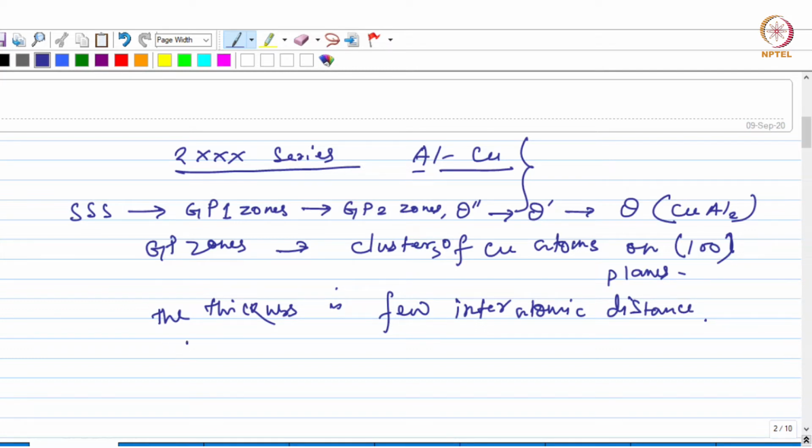And these clusters are surrounded by aluminum atoms and vacancies.